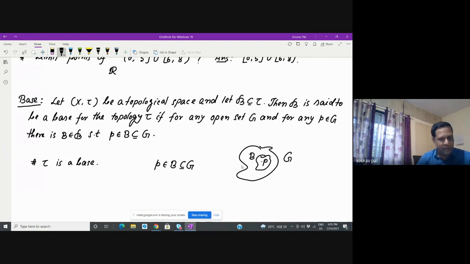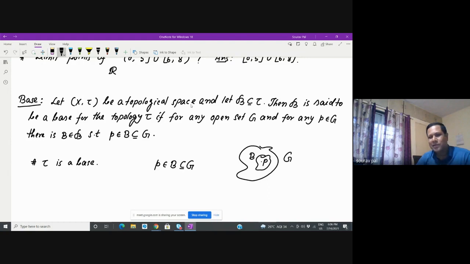Okay. Now, how can you recover the topology if a base is given? That is a question. This collection is a subcollection of tau, number one, and given any open set G, you can find a smaller member B from the subcollection. This is what is actually a base.